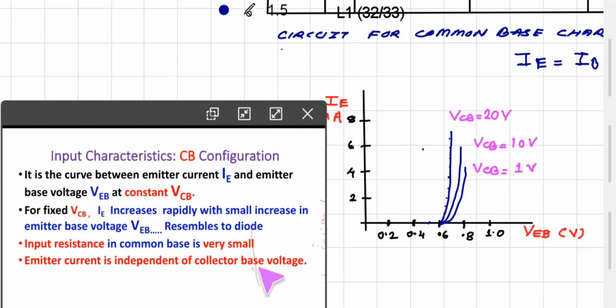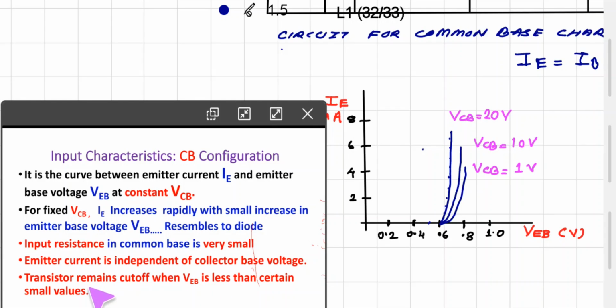Emitter current is independent of collector base voltage, as we already saw. Though we are changing it by 10 times, the current we get is almost the same, with no large variation. So the emitter current is independent of VCB; it only depends on VEB. The transistor remains cut off when VEB is less than a certain small voltage. Below knee voltage the junction does not conduct and remains in the cut off state.